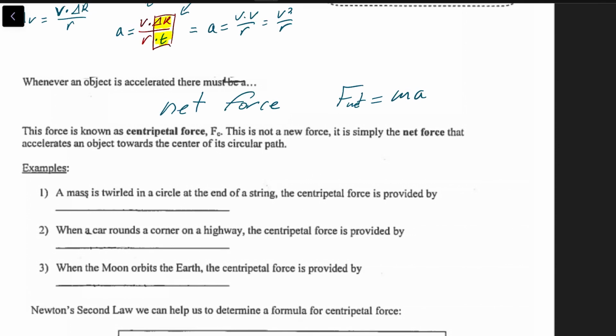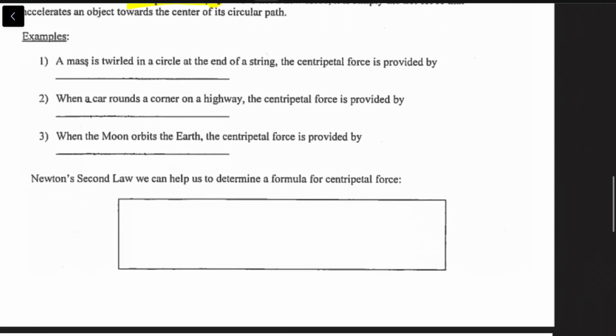And so if the acceleration towards the center of the circle is called centripetal acceleration, the force that causes centripetal acceleration is going to be called centripetal force, or F subscript C. It's not a new force, it's simply the net force that accelerates an object towards the center of the circle.